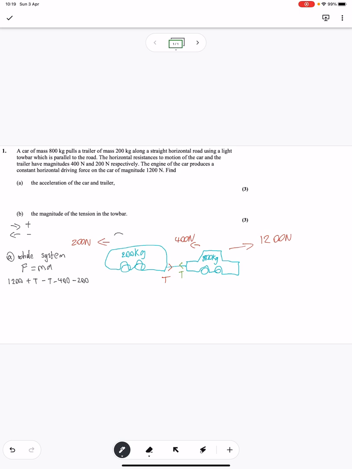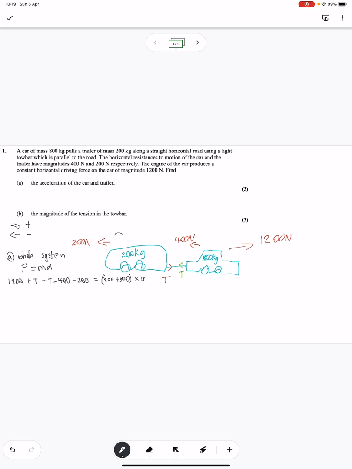Now, all of that is your F. Those are all the forces. And that is equal to mass. And for this case, the system, what is the mass of the system? 1,000 kilograms. That's it, 1,000 kilograms, because it's the 200 kgs plus the 800. And all of that is multiplied by acceleration.